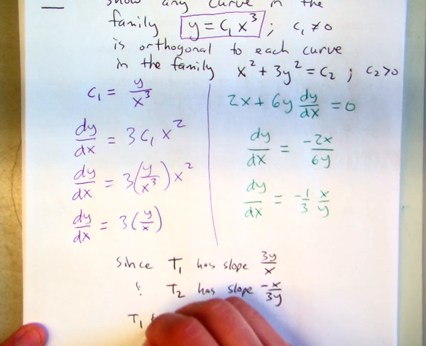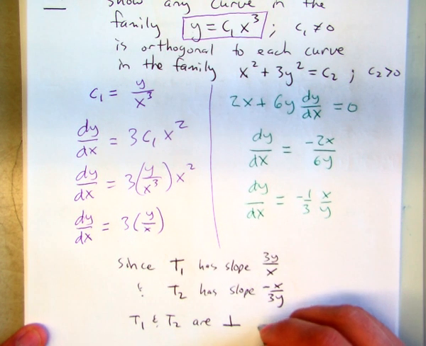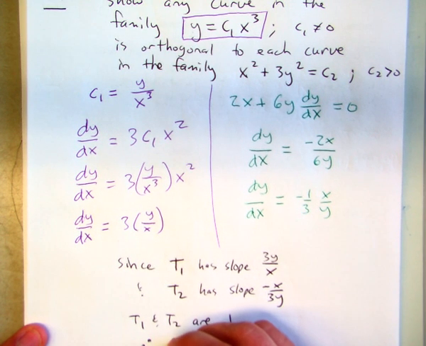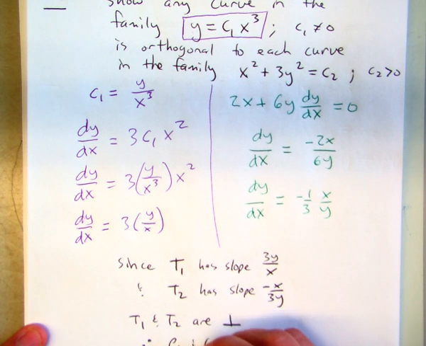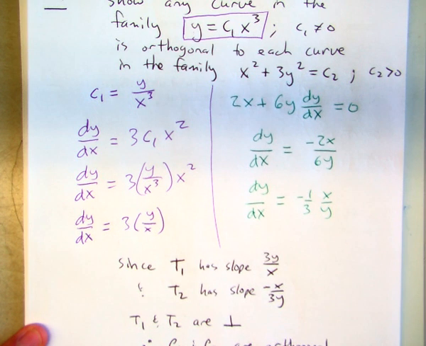T1 and T2 are perpendicular, and therefore the curves C1 and C2 are orthogonal. And this is referring to the two given families.